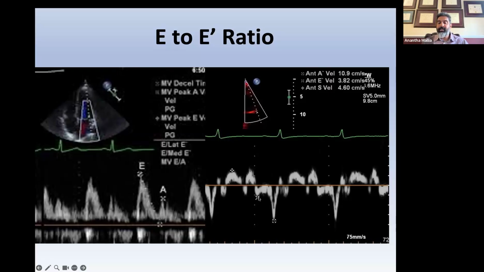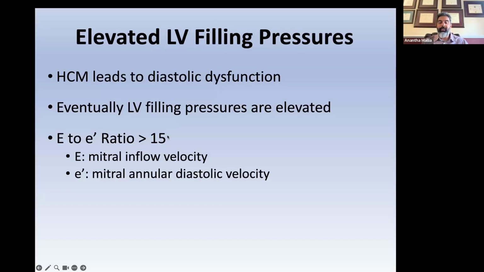So E prime is the tissue movement that occurs during the E wave during early diastole, and the A prime is a tissue movement that occurs during the atrial kick. So what we would essentially do is we'd measure the E velocity and measure the E prime velocity. And if that ratio is more than 15, then that is indicative of elevated left ventricular filling pressures. Kind of bad in the setting of HCM.